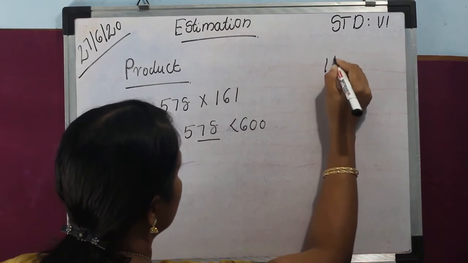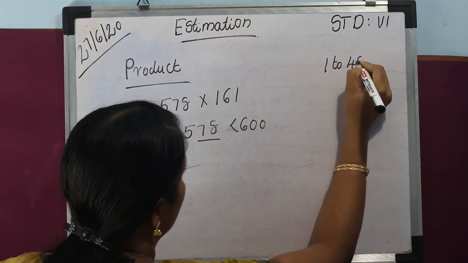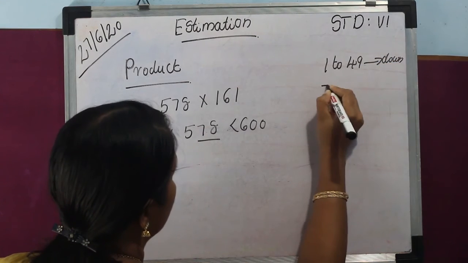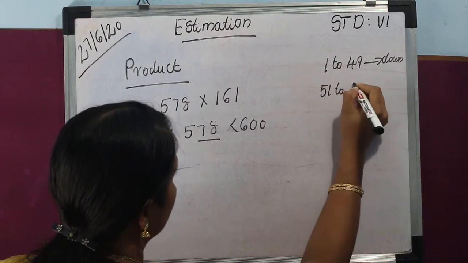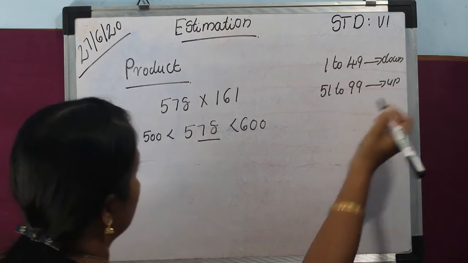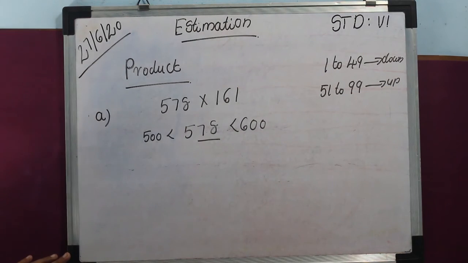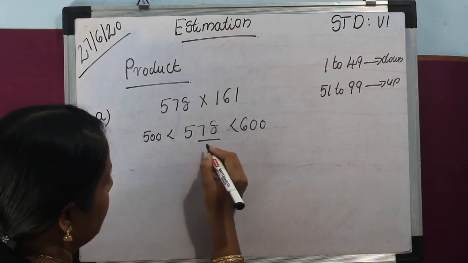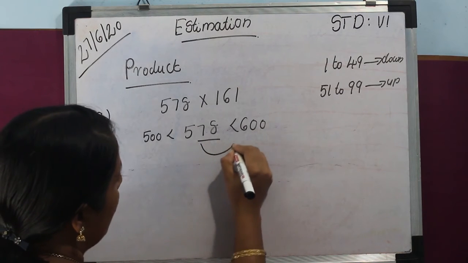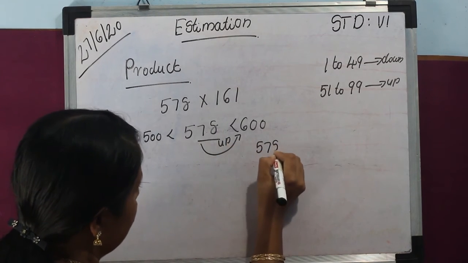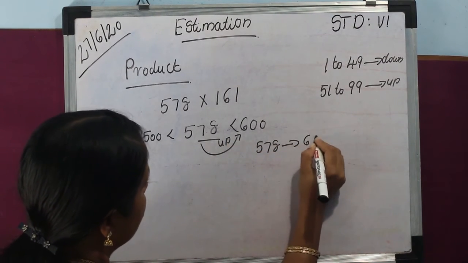Then we know that 1 to 49 is rounded down, 51 to 99 is rounded up. So our number is 78. Therefore 78 is rounded up to the next number. That is, 578 is rounded up to 600.